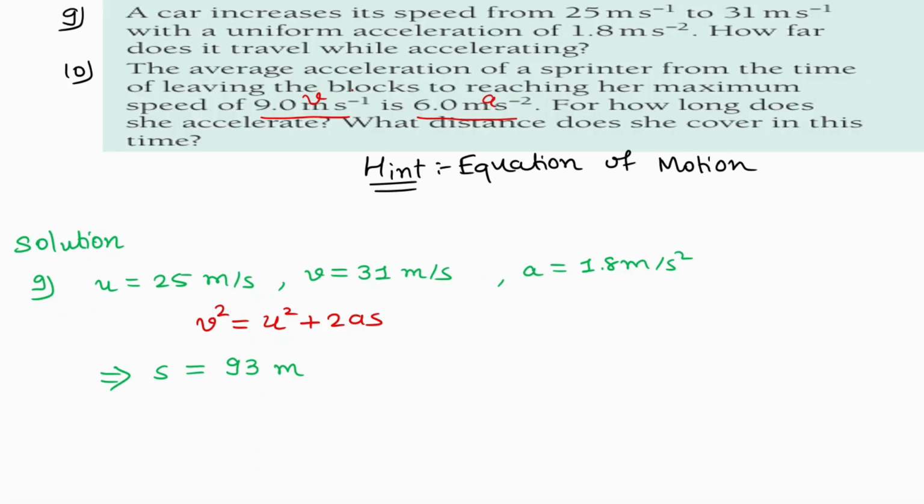From the unit you can easily identify what the value indicates. For how long does she accelerate? That means time. What distance does she cover in this time? That means distance s. Okay, now try to solve by yourself.